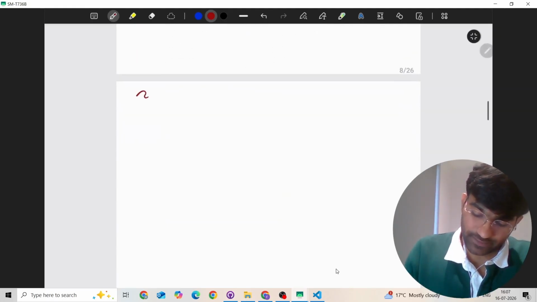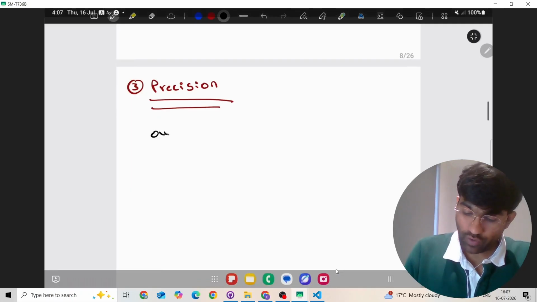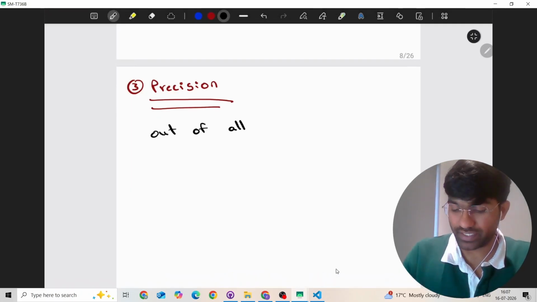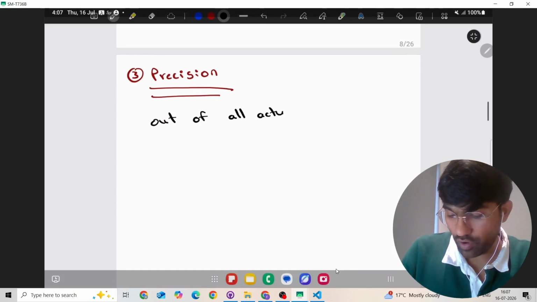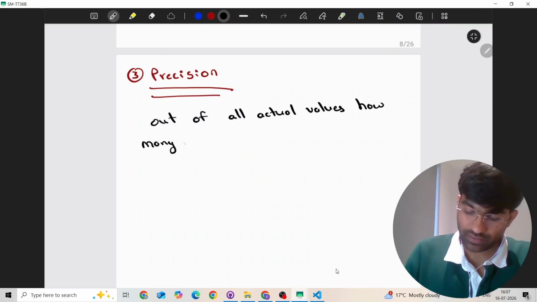The next is precision. What is precision? Precision gives you, out of all predicted values, how many are correctly predicted. Let me write it. Out of all values, how many are correctly predicted.